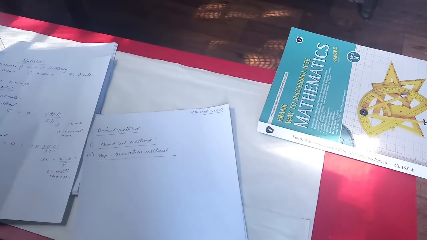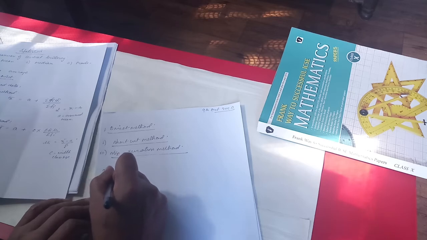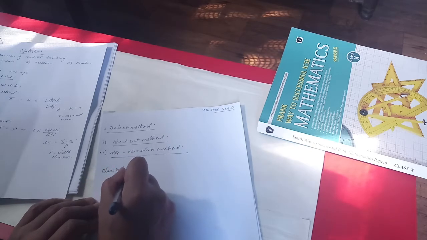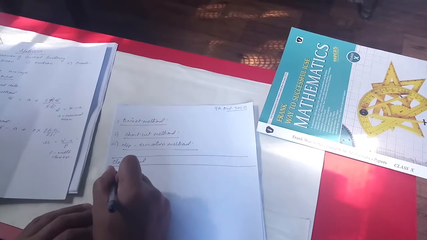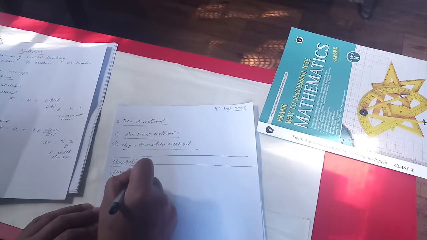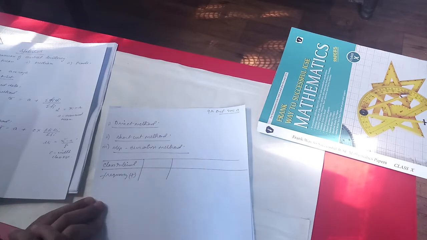So there is one question here, it is given in this form. A class interval is given to you in a tabular form, all right. Then you have a frequency here. Frequency is the number of times it is repeating.